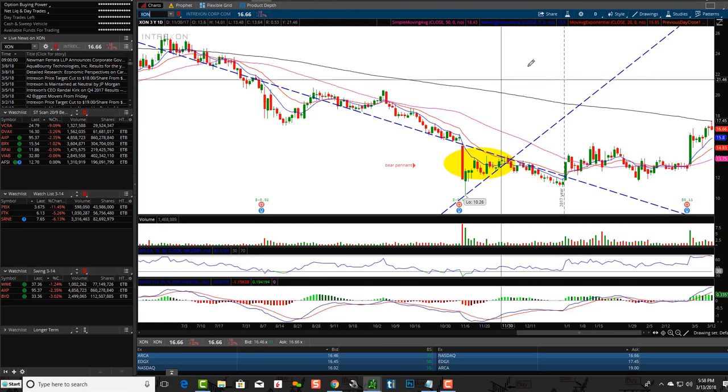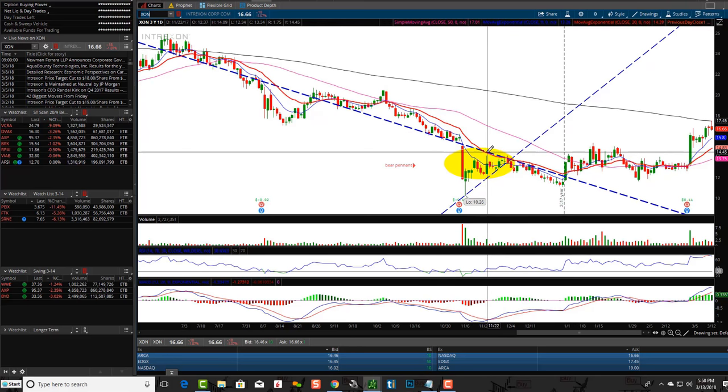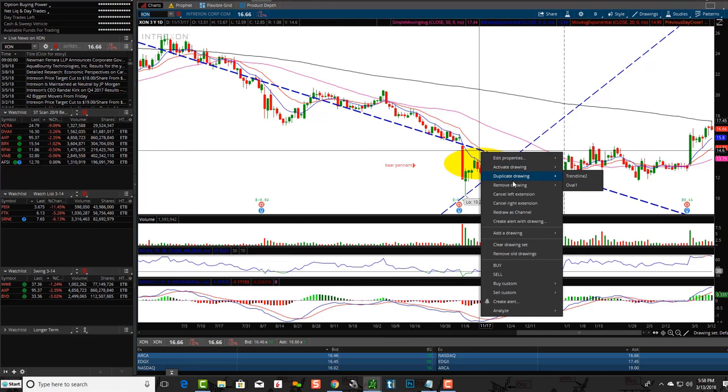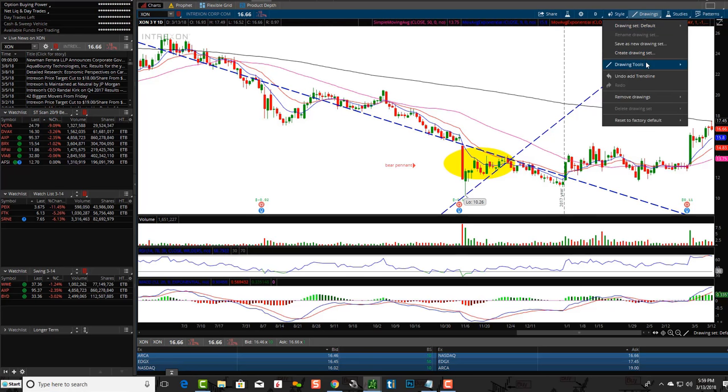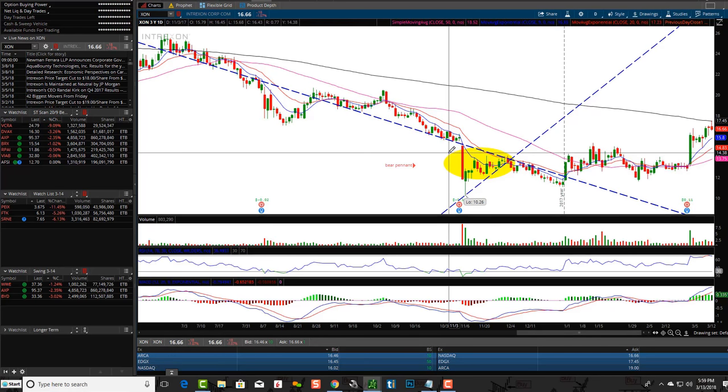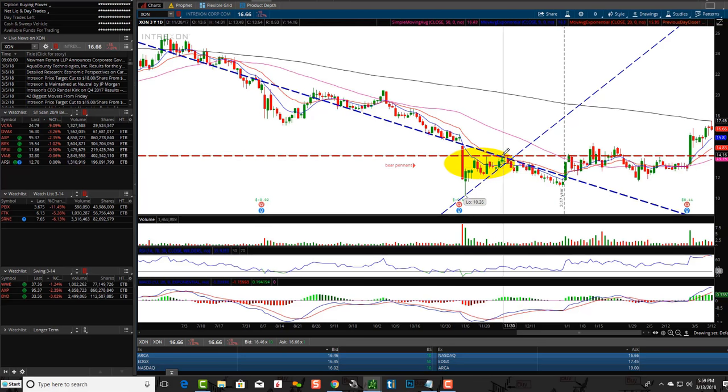See, this is where I'll show you something to make it a little bit easier. When you're doing these trend lines, if you change the direction of your lines, they look a little bit different, right? So if I made it go across right here, it changes the direction of it.